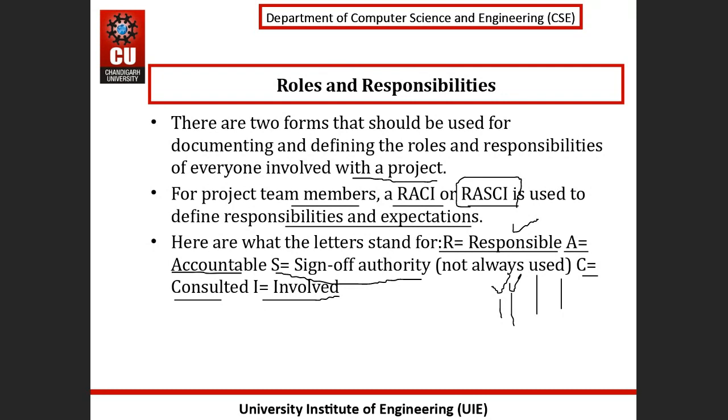If a person is assigned a particular role and responsibility, then from time to time he or she will be accountable. According to his responsibility, the work assigned is checked. Fine. So this comes under accountable. Next is sign of authority.